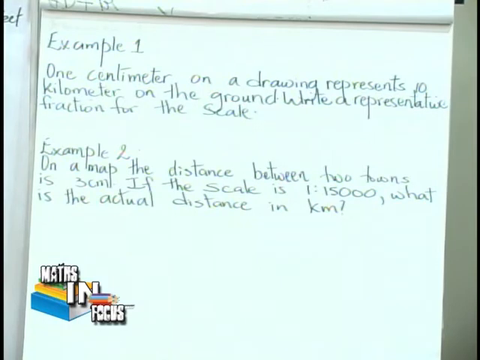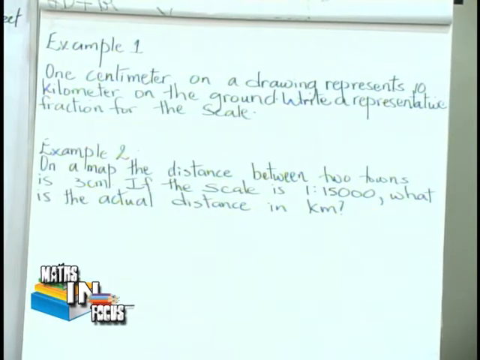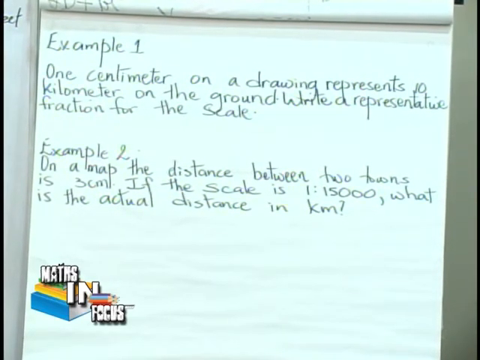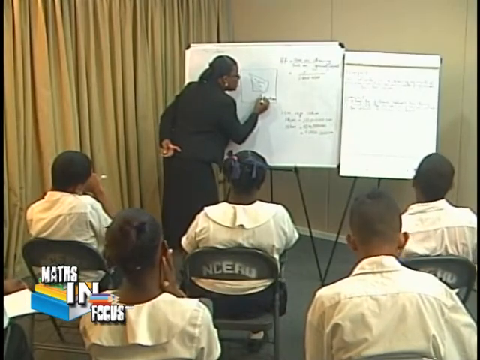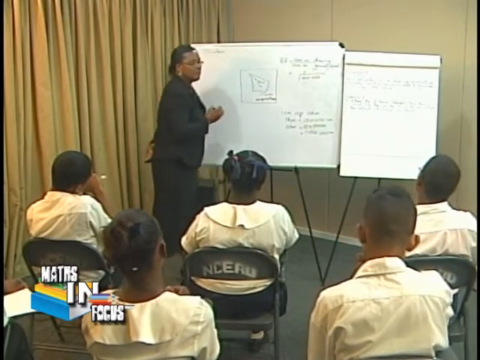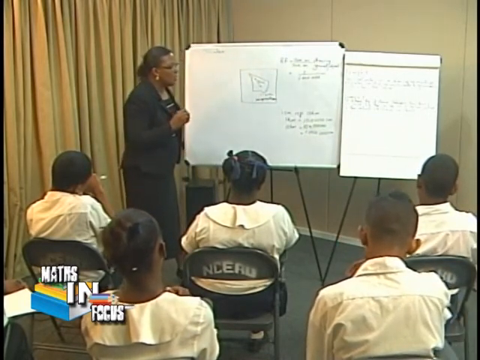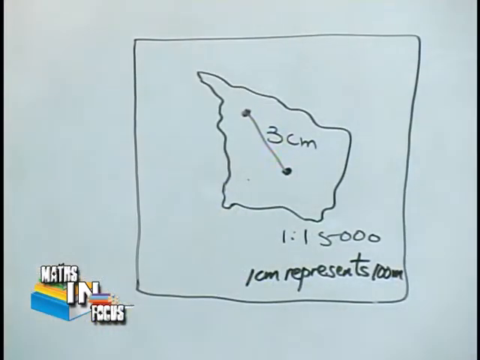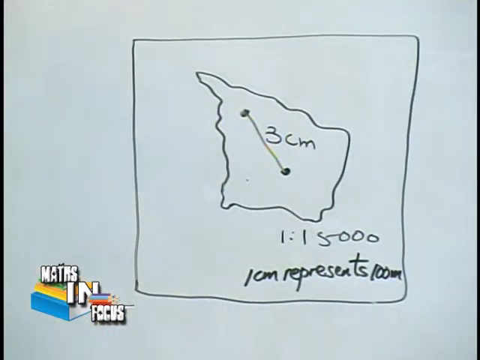So maybe we have a town here, and a town somewhere there, and the distance between the two is 3 centimeters. At the bottom here, we have a scale which says 1 to 15,000. They want to know now, what is the actual distance in kilometers?